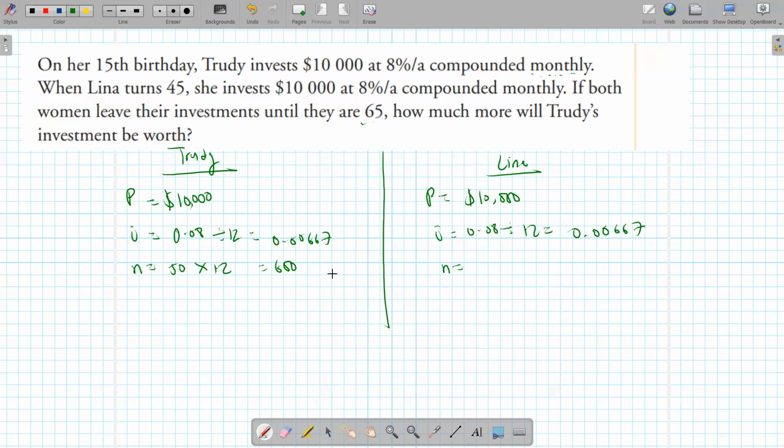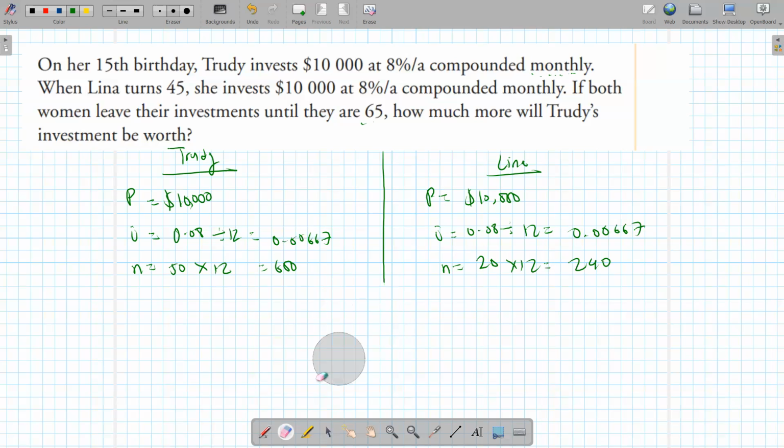What about the N for Lena? She's 45 right now, and she's going to keep it until 65. That's 20 years. What do we do with the 20? You multiply by 12, so 240. Cool.